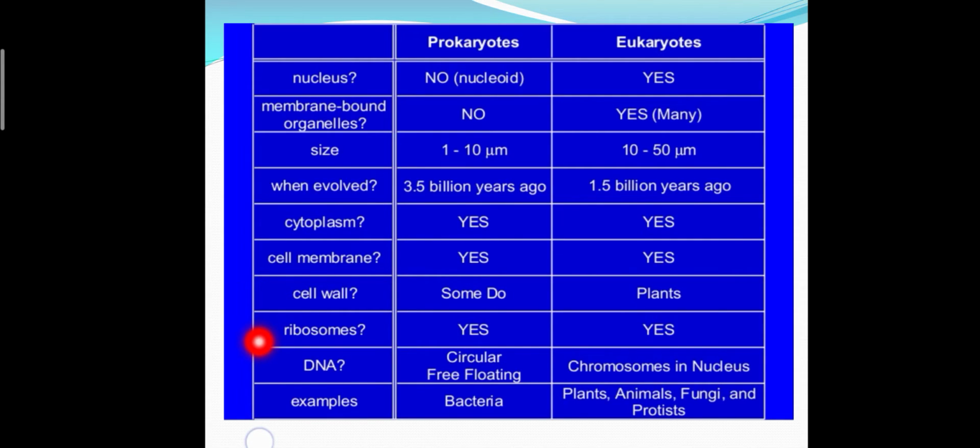Ribosomes are present in prokaryotes as well as in eukaryotes. DNA in prokaryotes is circular and free-floating, while in eukaryotes, there are chromosomes in the nucleus. Examples of prokaryotes include bacteria, while examples of eukaryotes are plants, animals, fungi, and protists.